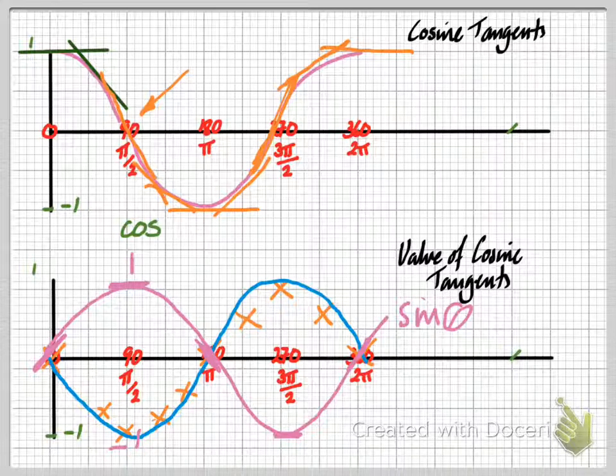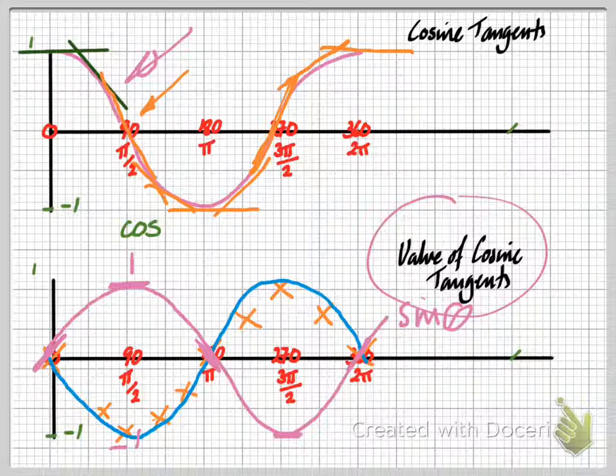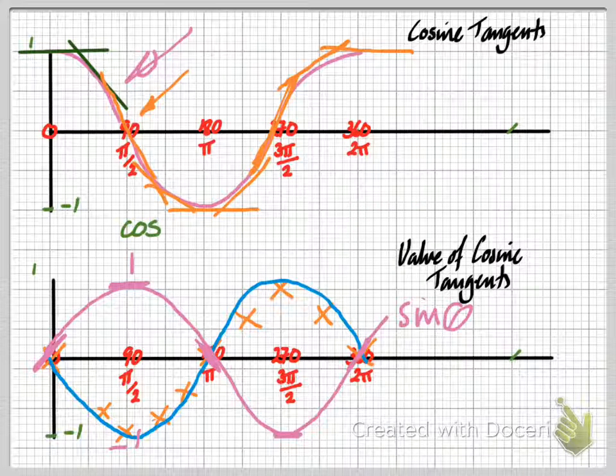In other words, by taking the tangents from here and plotting them onto a graph here, I can see that the cosine graph, when differentiated, i.e. finding the gradient of the curve, and plotted onto another graph in relation to the x-axis, which is the degrees or radians, gives the minus sine theta curve.